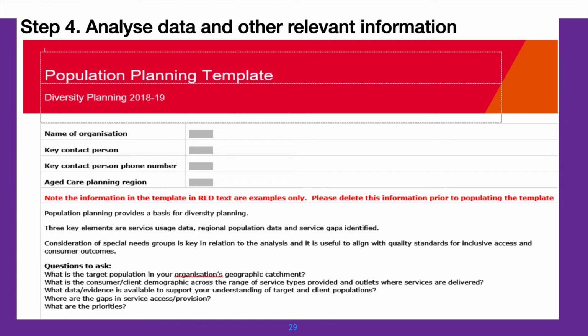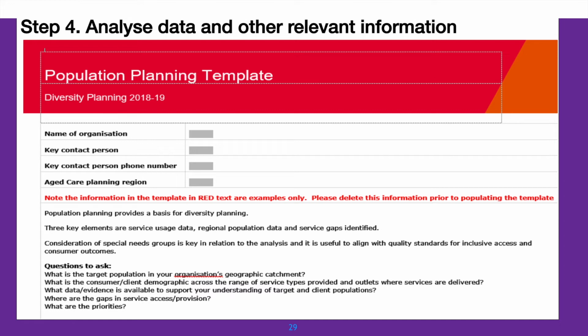So before I leave the data piece, I wanted to also point out that there's been some work that HACC, the Homeless Support Agency, has done around vulnerable women and also communities at risk of homelessness.